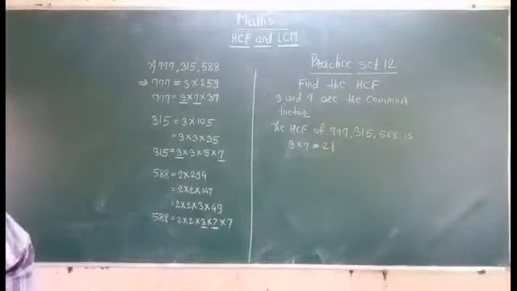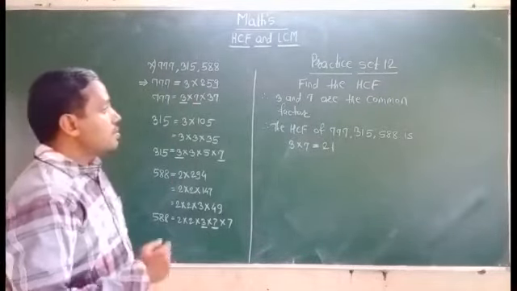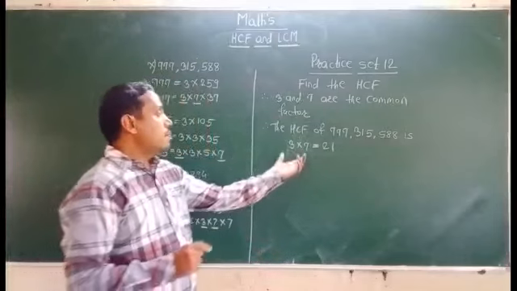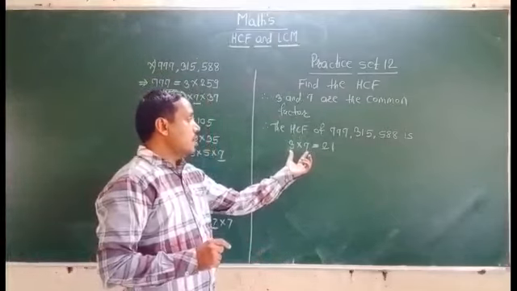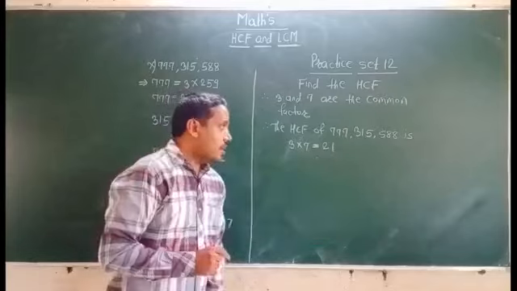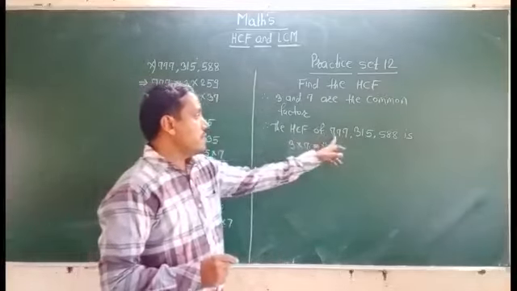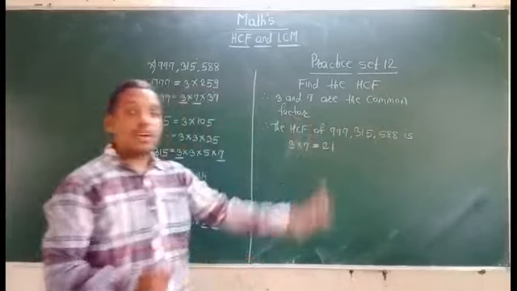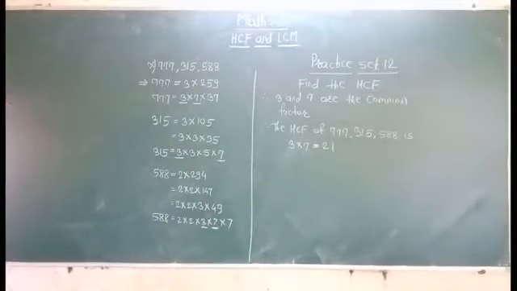So in this way, if there is more than one common factor, we take the product of those numbers, 3 into 7. 7 3s are 21, and therefore the HCF of 777, 350 and 588 is 21.